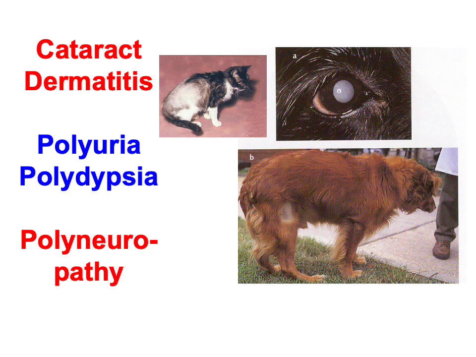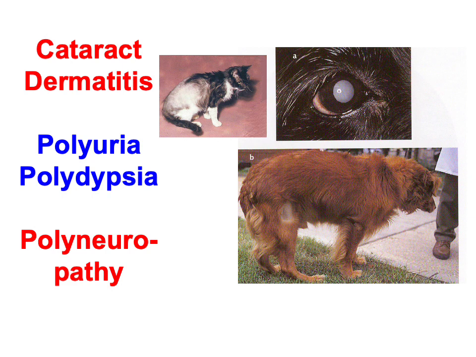Here you can see the illustration of the leading symptoms, like the cataract in the right upper corner, the cataract in the eye. You can see the dermatitis, once mentioned concerning the biotin deficiency.